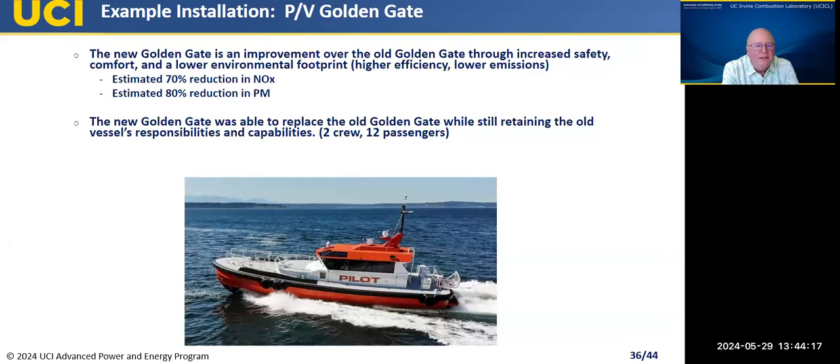So bottom line on emissions, at least, right? We've got a higher performing boat with a roughly 70% reduction in NOx compared to the tier 2 engines and 80% reduction in PM. So impressive emissions improvement, which is what we're after. Next.